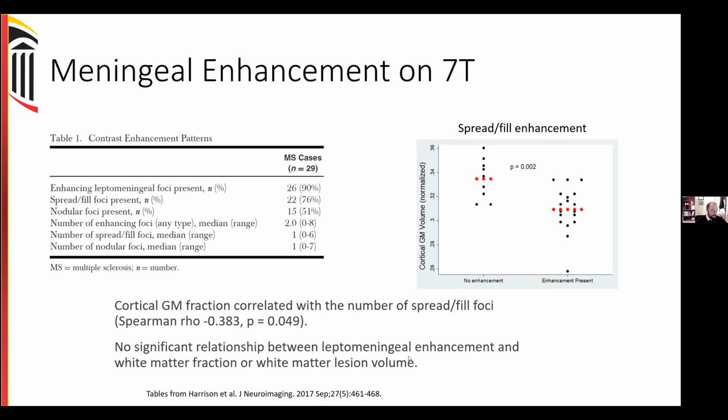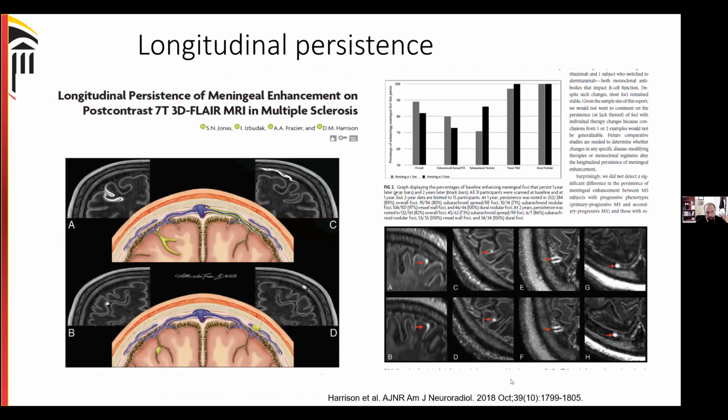However, there was no relationship between leptomeningeal enhancement and the white matter fraction or the white matter lesion volume, indicating that perhaps this is a special relationship of meningeal inflammation with cortical pathology that is not related to white matter pathology.